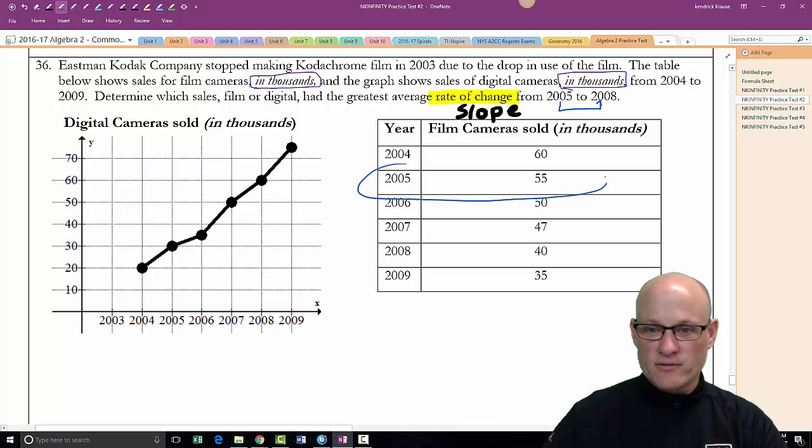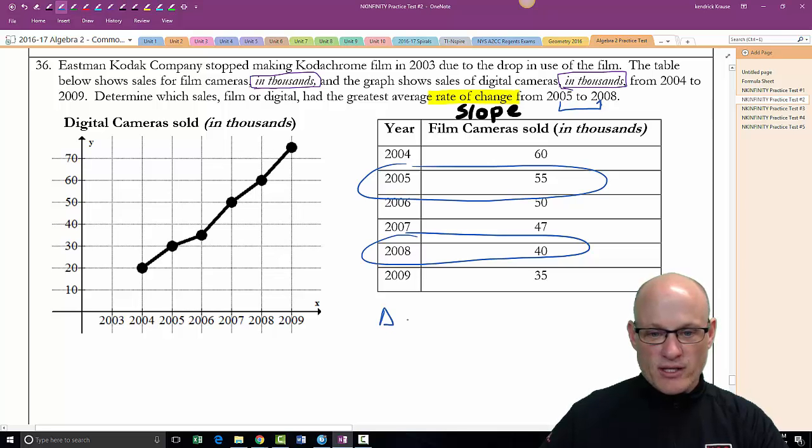So 2005 to 2008. I'm going to do the easy one first for cameras. So for cameras, the average rate of change is quite easy. Change in y's. So we'll go 40. Oh, wait, this is film. I'm doing film over here.